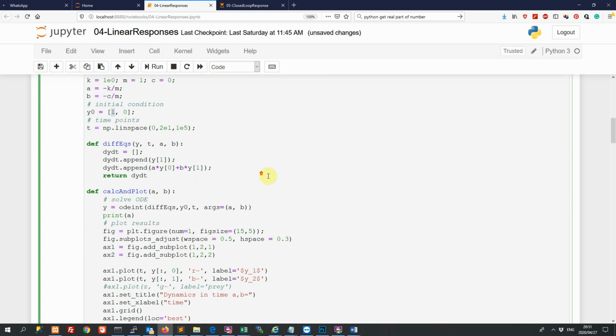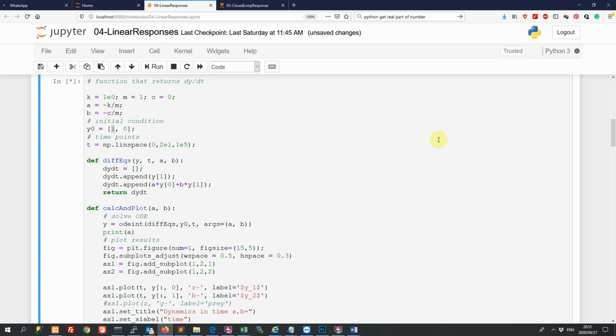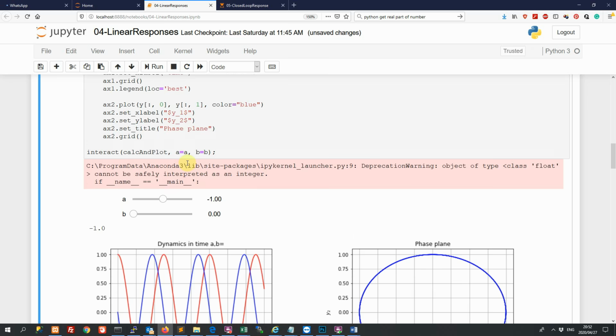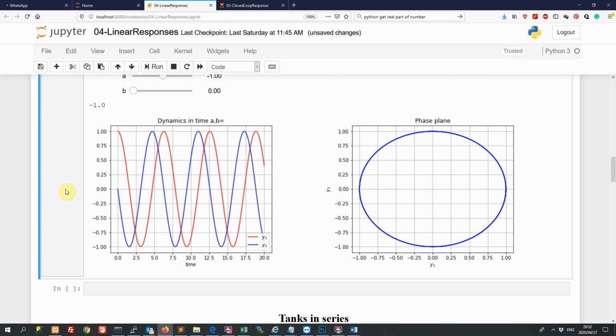Let's see how that system responds. You've pulled the system away from 0, so it's going to keep oscillating. It's frictionless, so the system oscillates like this.